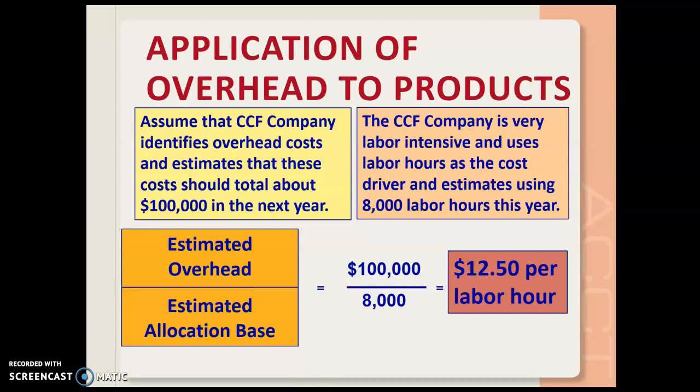So that's my rate. I'm going to use that all next year when I'm applying overhead to each job cost sheet. I will figure out how many labor hours that job cost sheet had each month and multiply it by $12.50. That's how much overhead I'm going to apply.